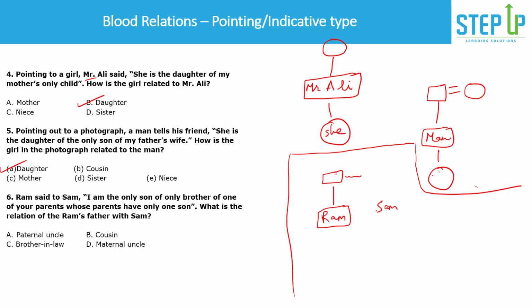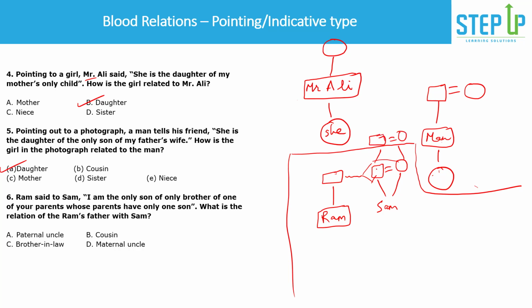So he says, Ram says to Sam, I am the only son of only brother of one of your parents. Okay, so Sam's parents. So now Sam's parents could be both Sam's father's brother or Sam's mother's brother, right? So we don't know, right? Through either way, we don't know whether through this one or through this one, right? Only brother of one of your parents, whose parents have only one son.